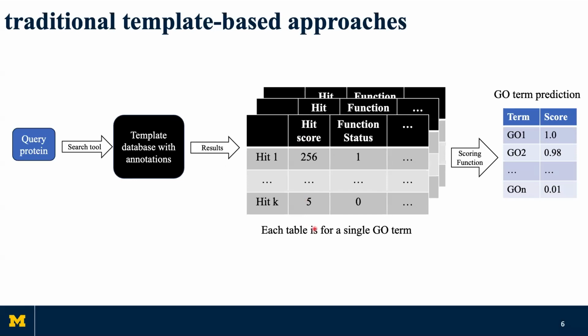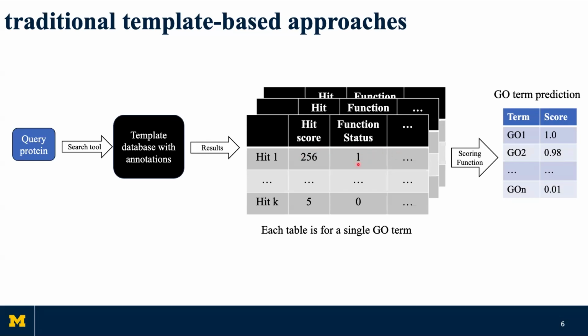So here, each table is for a single GO term. We will have several hits, up to k hits. Then the alignment tool would report a hit score and some other statistics like sequence identity. Then we have an indication of whether that hit has that function.